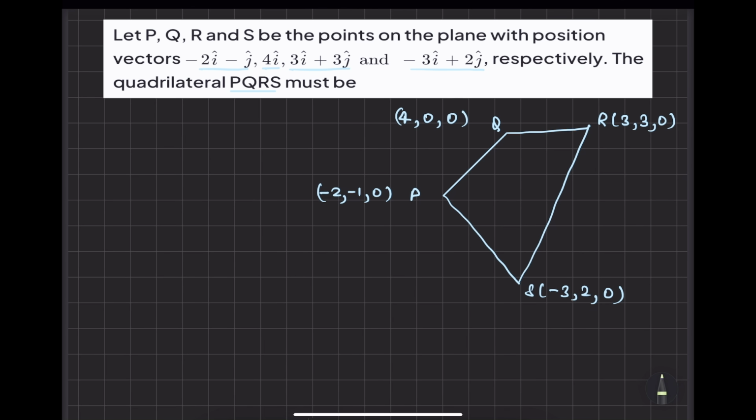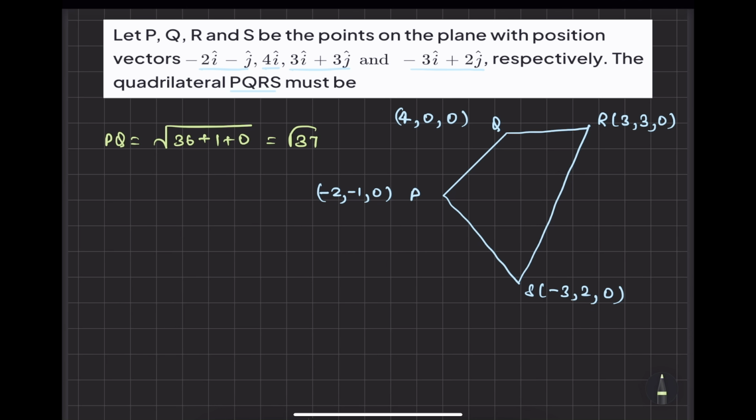Suppose we are interested in length PQ. Look at this. It is 4 minus minus 2 is 6, 6 square is 36, plus 1 plus 0. So this will come out to be 37, root 37.